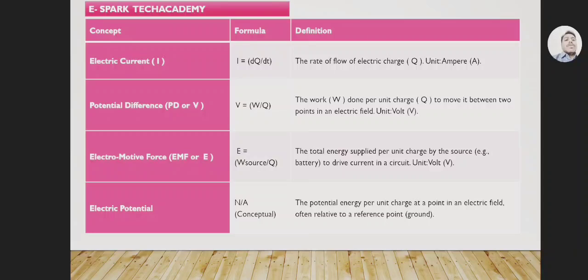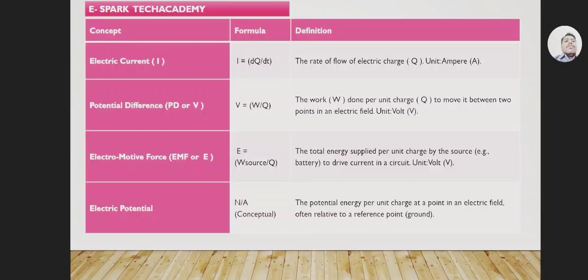What is electromotive force? Electromotive force is nothing but an internal force or a field which is creating the voltage, where no losses are considered. Hence, EMF is greater than the terminal voltage, because terminal voltage is nothing but E equal to Vt plus I into R, where loss is present.